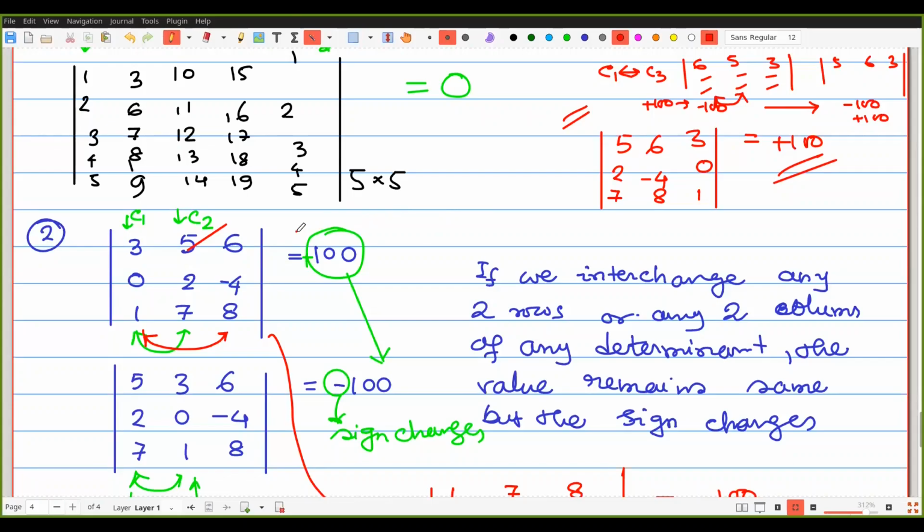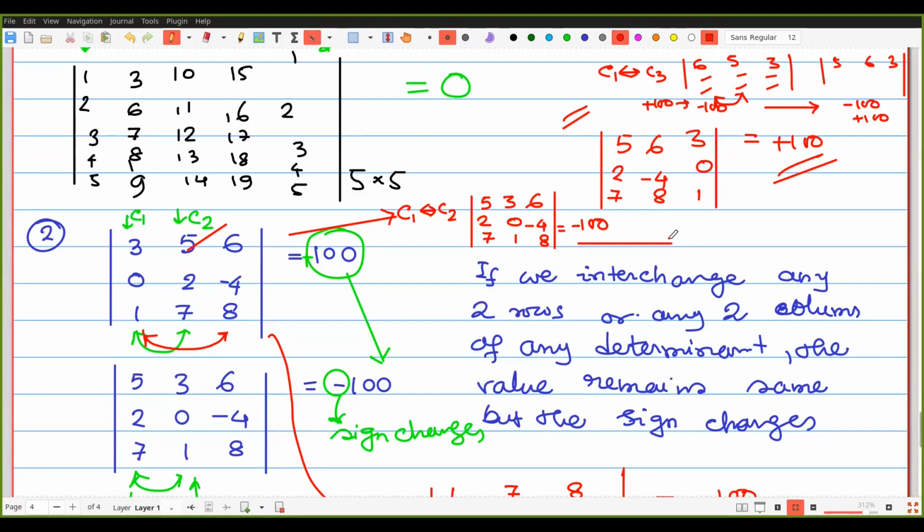So the very first one, suppose we are interchanging column 1 to column 2. So that is becoming 5, 2, 7, 3, 0, 1, 6, minus 4, 8. So it is now minus 100.